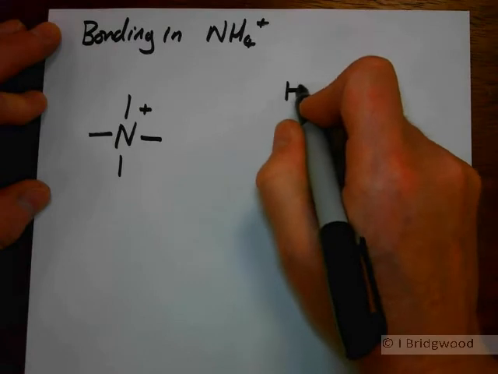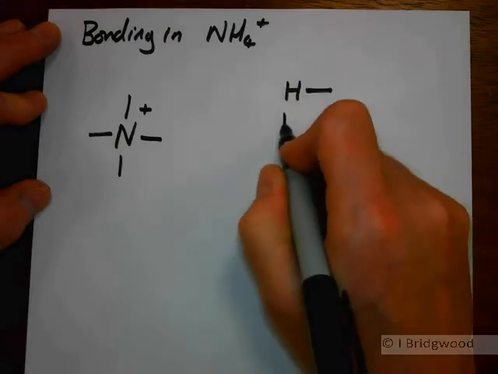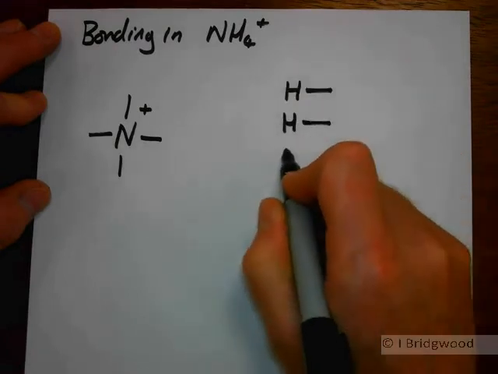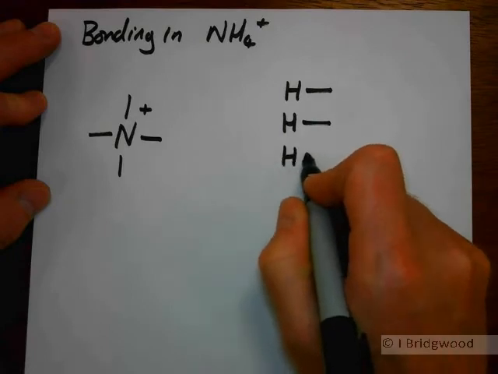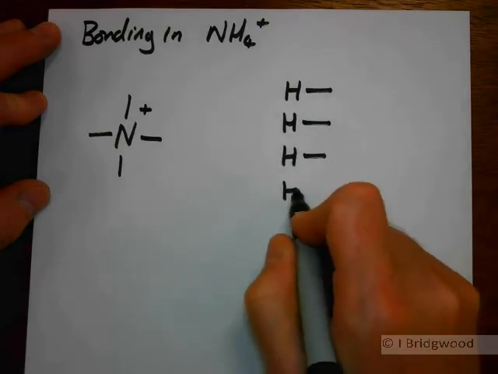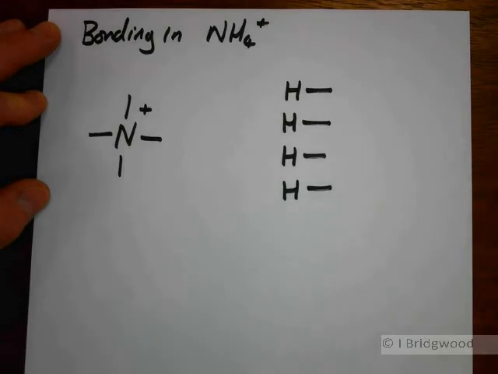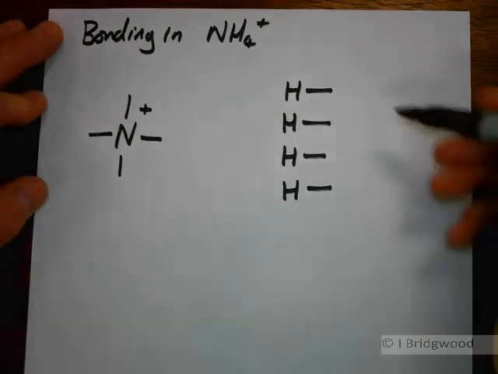Hydrogen, well, we've got 4 hydrogens. Each hydrogen is going to have 1 electron in its outermost shell, requires just 1 more to complete its full outer shell, giving it noble gas electron configuration of helium.